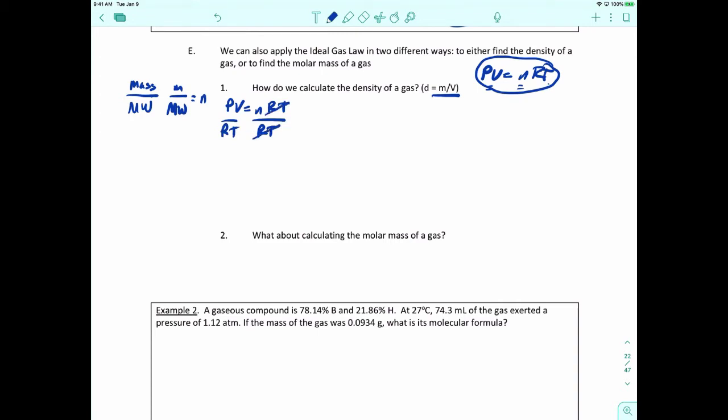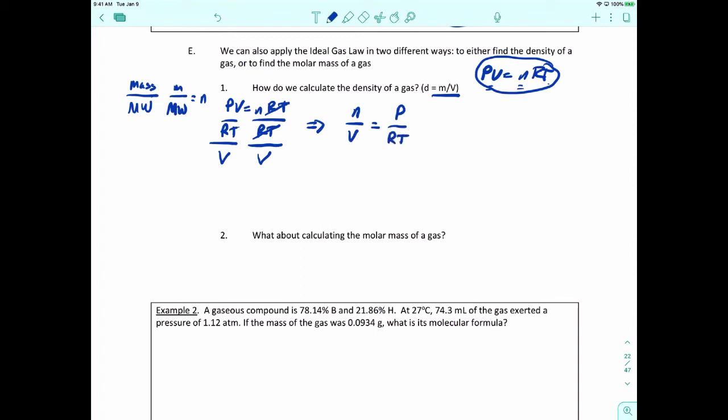What I'm also going to do then in my second step is divide both sides by V. So that way now we've got an expression that says this: N over V, which is as close as we can get to density, is equal to P over RT.